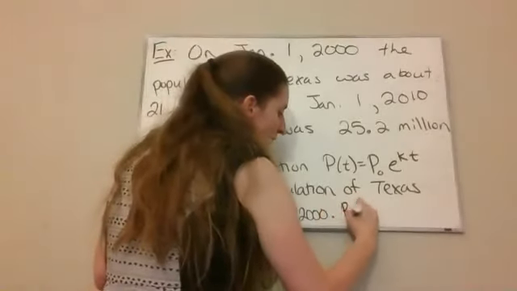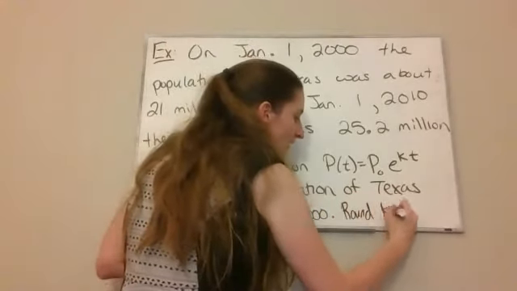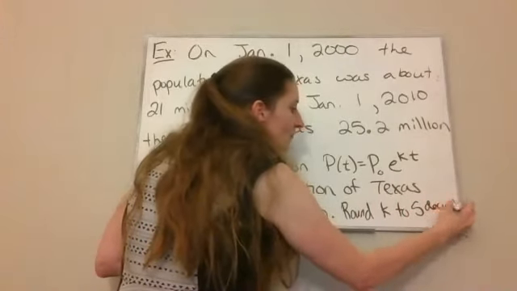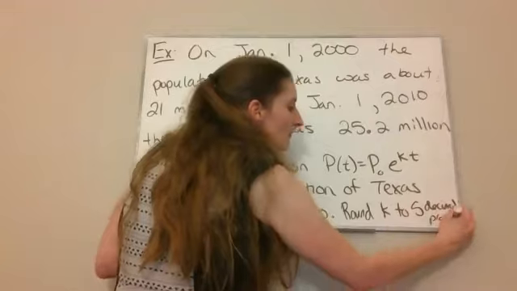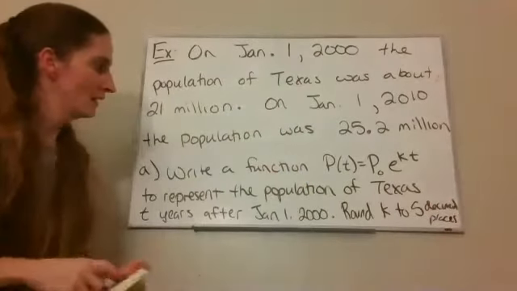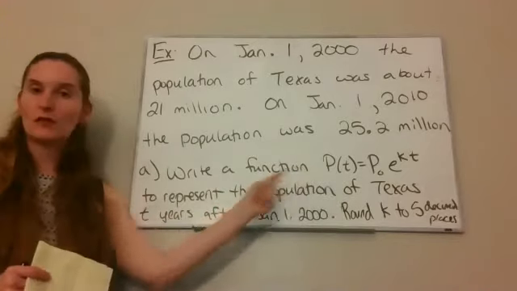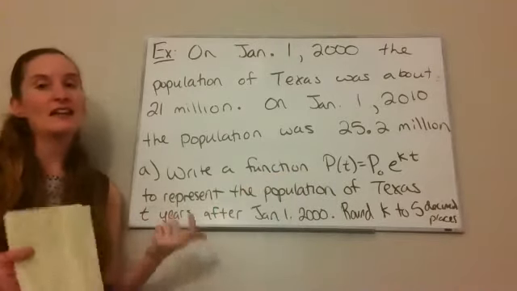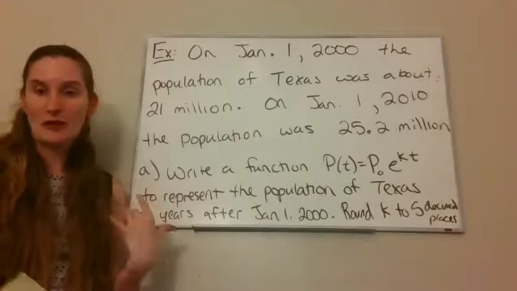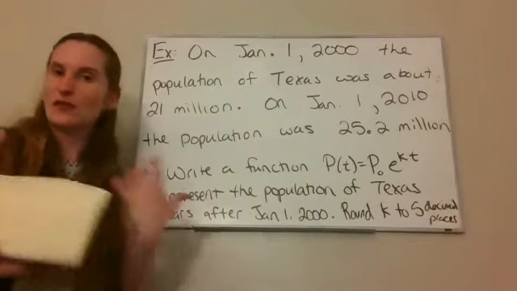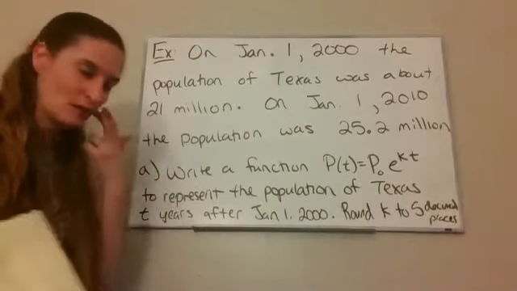And we're going to round our k to 5 decimal places. All right, so notice this equation that they want us to use to represent the population. It's yet another exponential growth equation. It's still in the same form. It looks like our compounding interest, just with slightly different variable names.